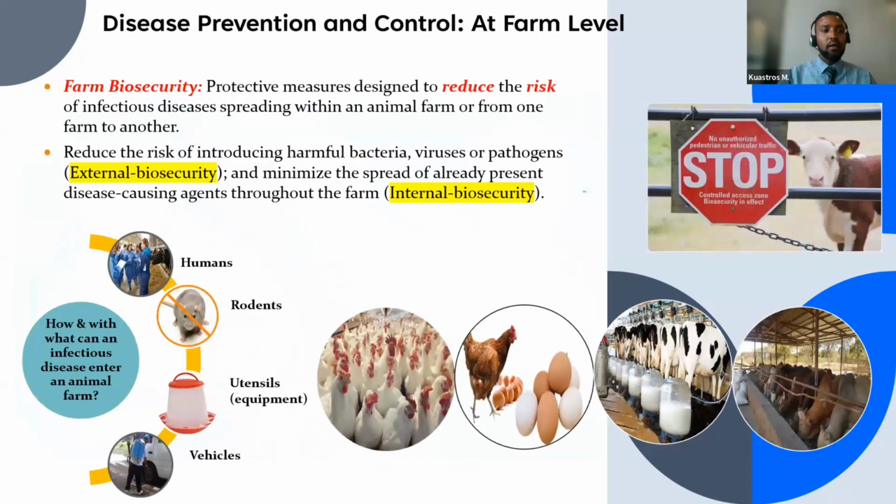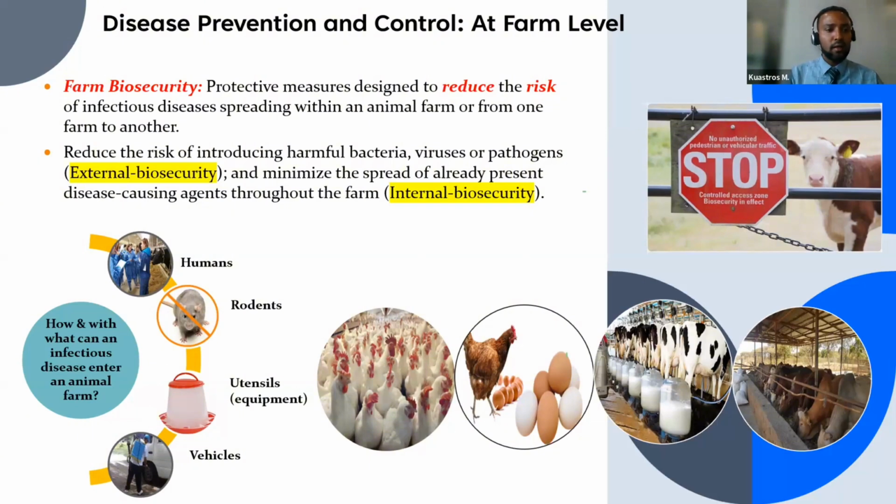So what are some of the good prevention and control strategies at farm level? Maybe if you are a veterinarian, you know the term farm biosecurity. Farm biosecurity means measures aimed at reducing the risk of infectious diseases either entering the farm or spreading from one farm to another. This is one of the best disease prevention strategies in the animal health sector.